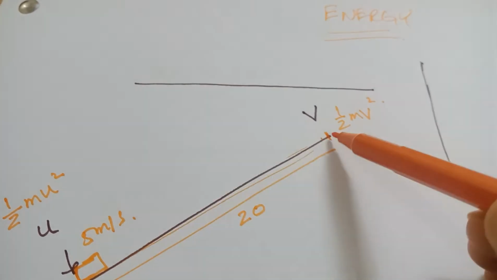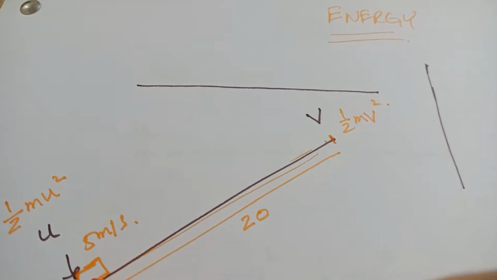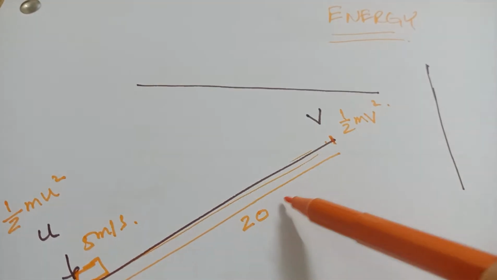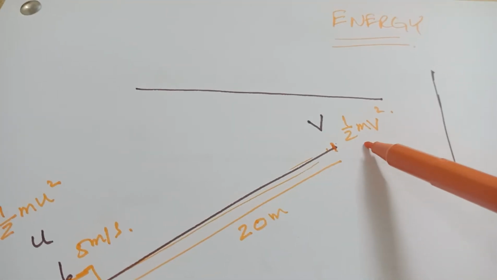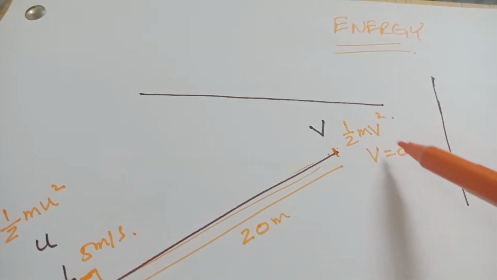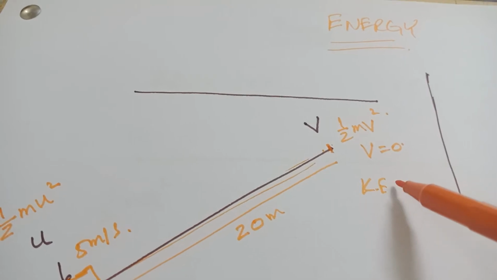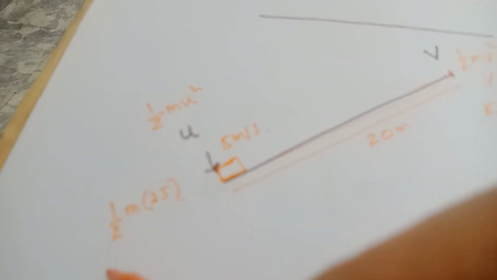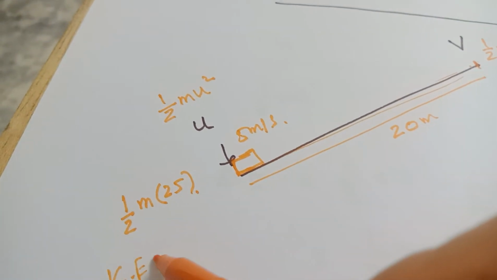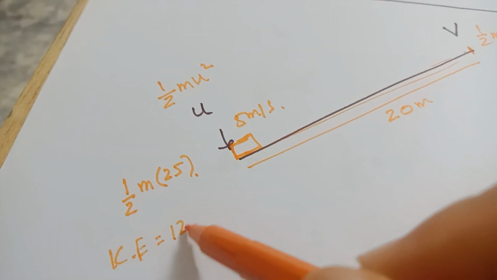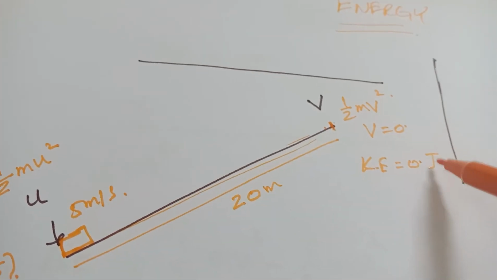This is the maximum distance it is going to cover, that is 20 meters. So that means v is going to be 0. So at this level the kinetic energy is going to be 0. Here the kinetic energy is 12.5 m joules, and here it is 0 joules.